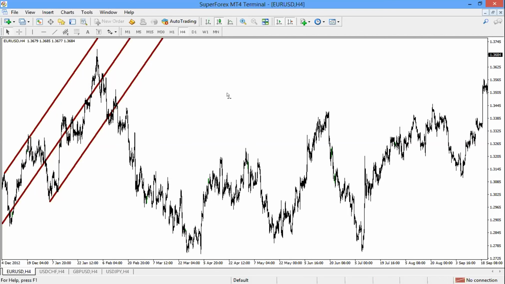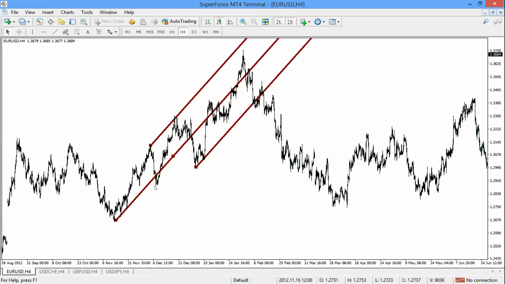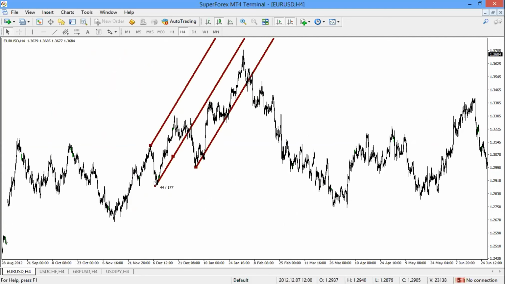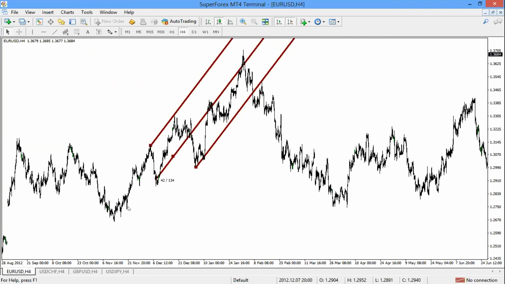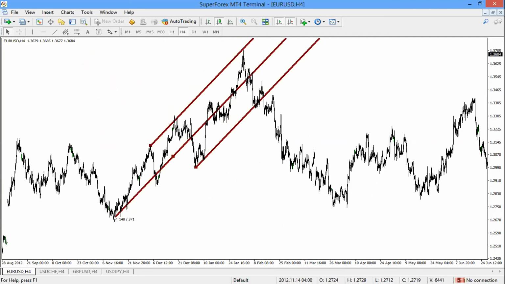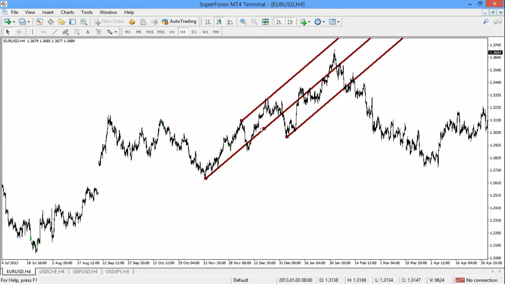The thing is, this pitchfork, I'm not very much satisfied with it. It's not that much what I'm looking for.